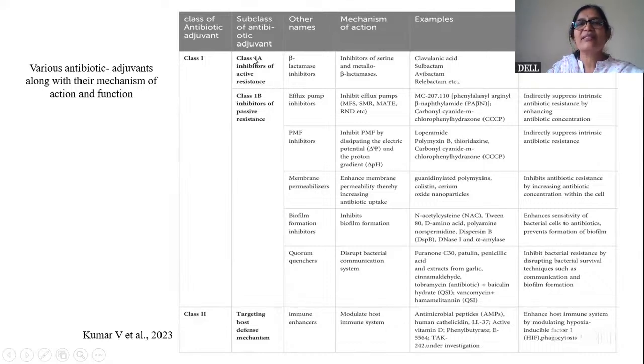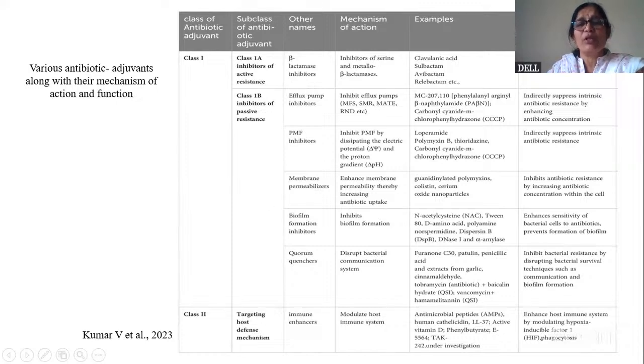Active resistance, I have already talked about: beta-lactamase inhibitors, which suppress antibiotic resistance directly by inactivating the beta-lactamases. And in class 1B, we have efflux pump inhibitors. All these examples I have already given, carbonyl cyanide, MC207, etc., which inhibit the efflux pump along with reserpine. And indirectly, they suppress the intrinsic antibiotic resistance.